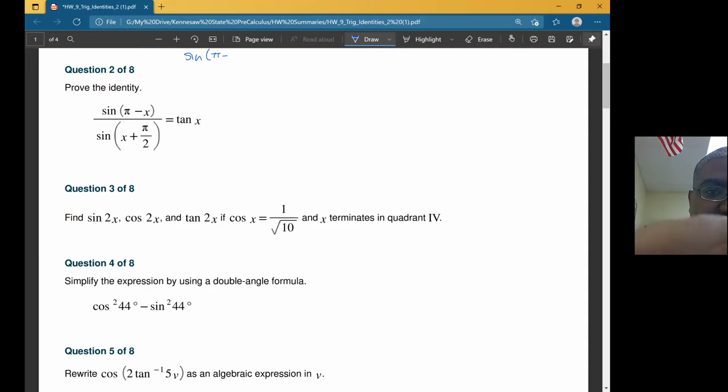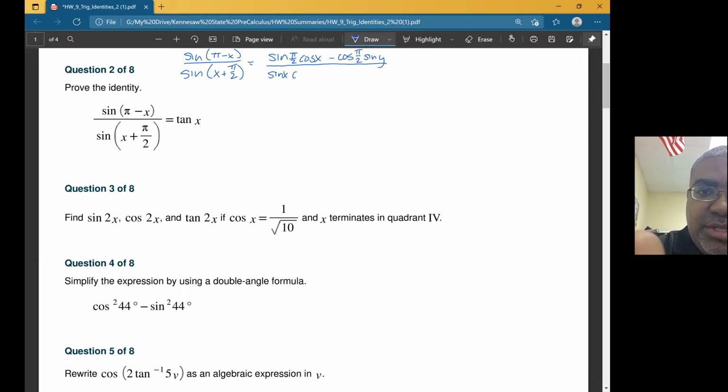Sine of pi minus x over sine of x plus pi over 2 is equal to sine pi over 2 cosine x minus cosine pi over 2 sine of y over sine x cosine pi over 2 plus cosine x sine of pi over 2.